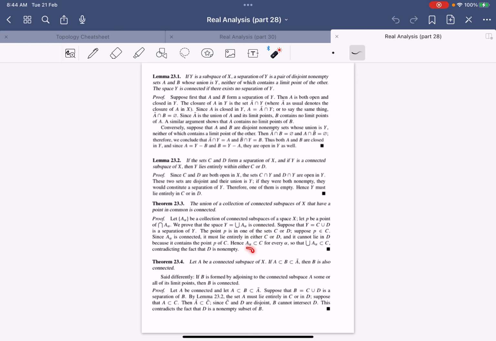So for all alpha, it lies entirely in C, meaning the union of the A alpha lies in C, and this contradicts the fact that D is empty, because it's just saying that Y equals C, so D has to be empty. So it contradicts the fact that D is not empty, and we're done.